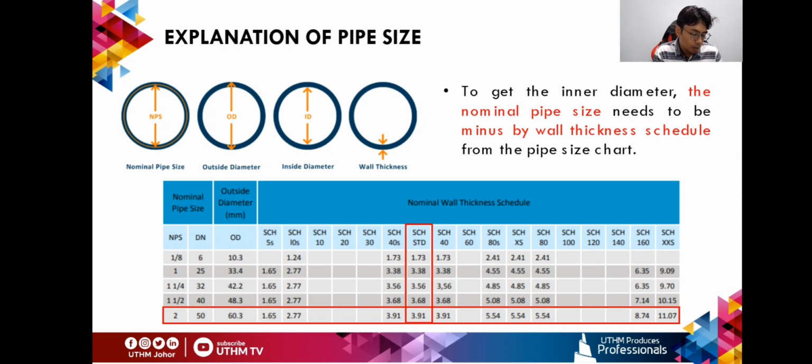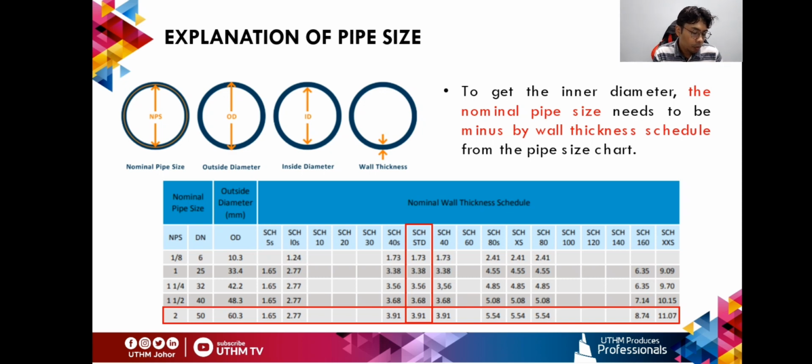I take the standard schedule as an example here. From the chart, we look at the standard schedule and the 2-inch row. We can see the wall thickness schedule is 3.91 mm.